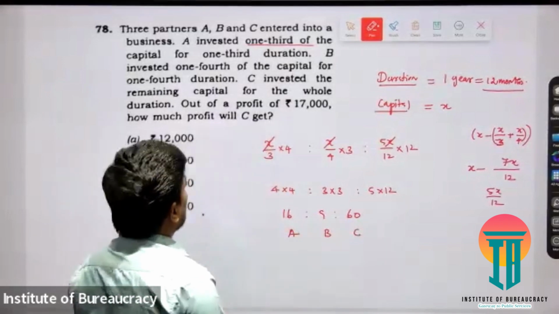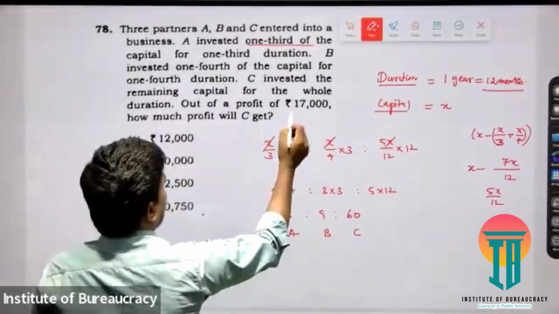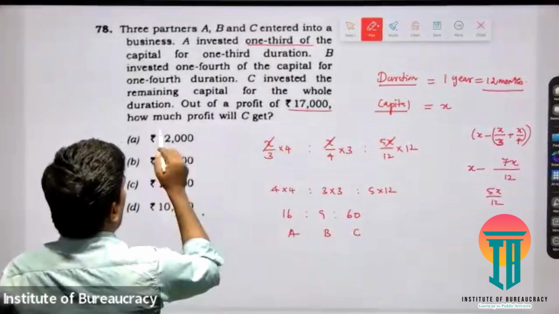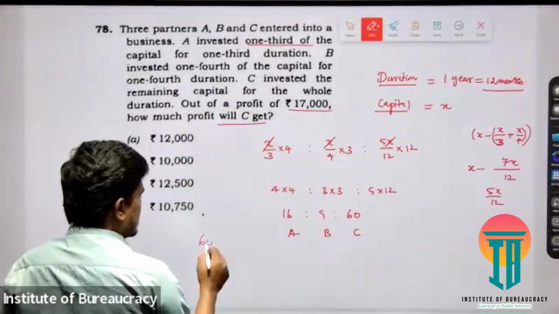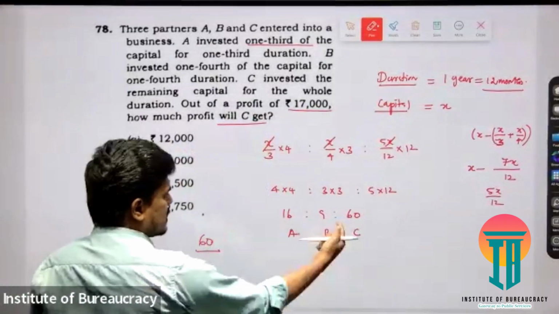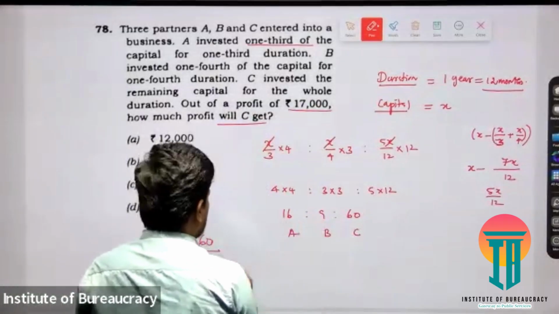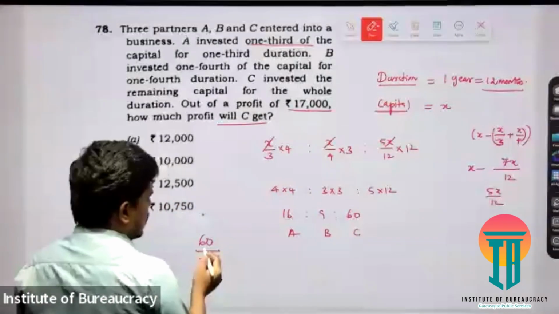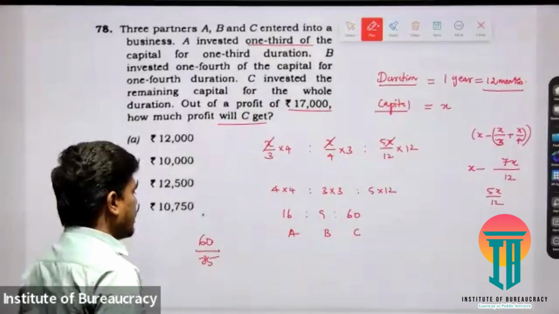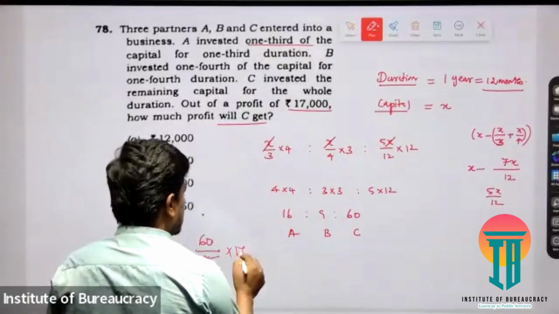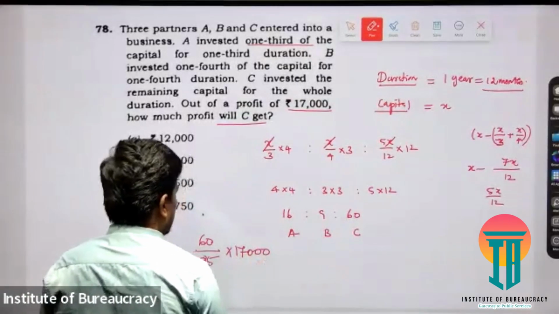What is the question? Out of a profit of 17,000, how much profit will C get? What is C's share? 60 out of the total. 60 plus 25 is 85. Out of 85, 60 portions need to be given to C. The amount is 17,000.